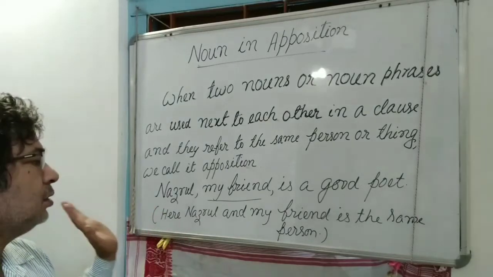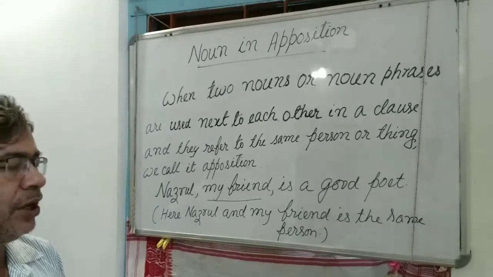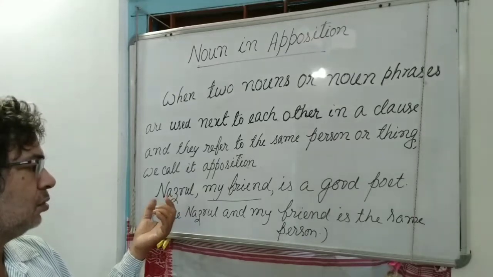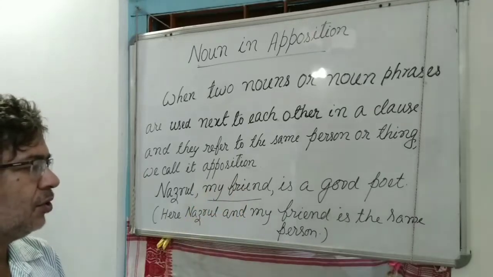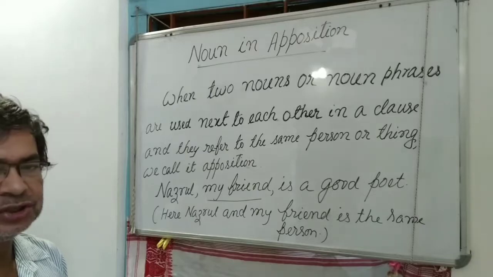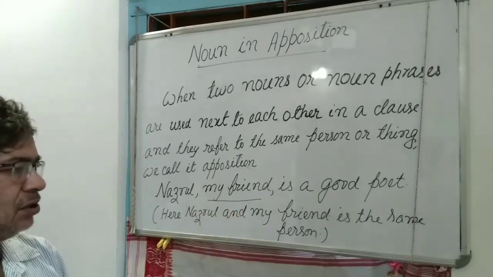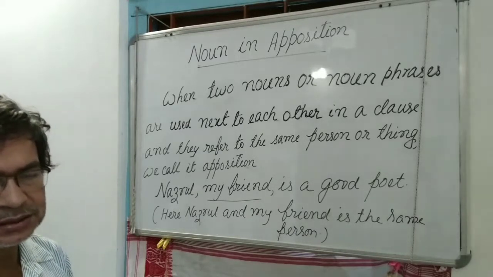Let's take an example. Nazrul, my friend, is a good poet. Here, two nouns, Nazrul, and another noun phrase, my friend, are mentioned, but Nazrul and my friend are the same person, no different person.